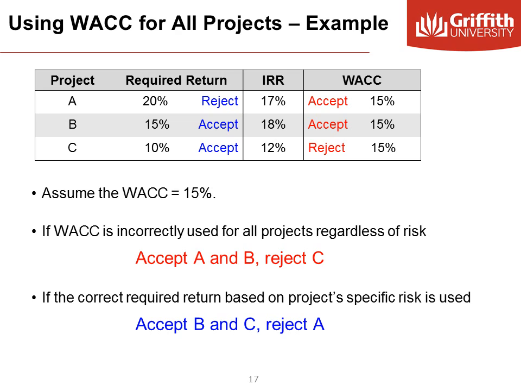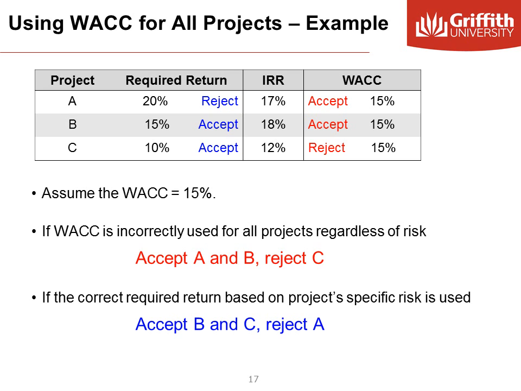For example, we have 3 projects with different risks from the firm that have the following required returns and IRRs. If we disregard the fact that they have different risks and use the same WACC for all our projects as our hurdle rate and compare it with the IRR, we would take project A and project B because their IRR is greater than 15%, and reject project C as its IRR, the 12%, is less than 15%.